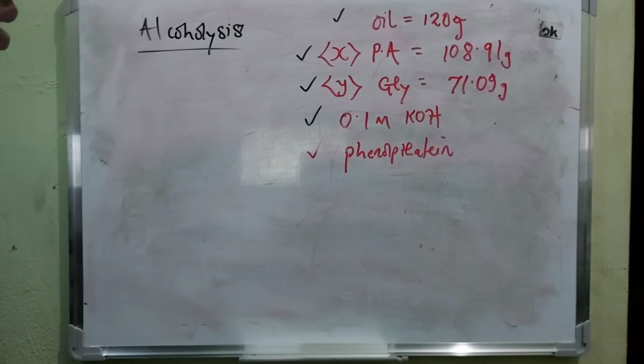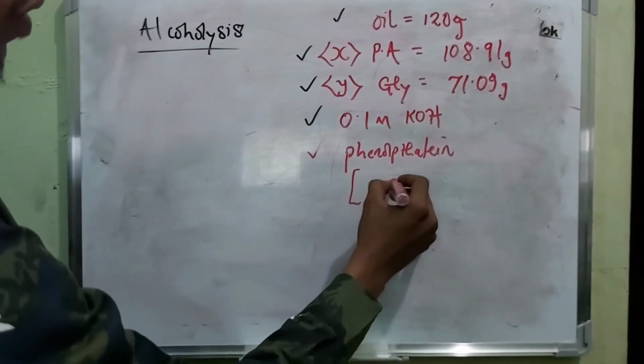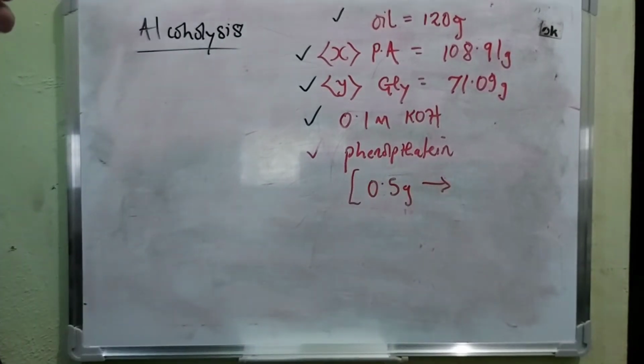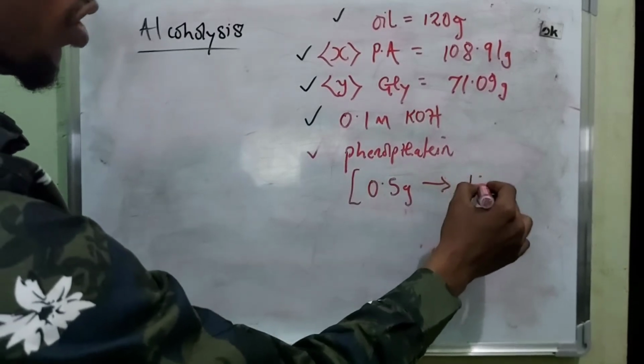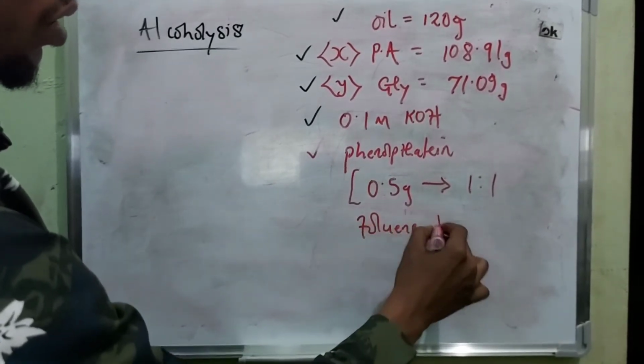The actual concentration you're going to be making: you're going to dissolve 0.5 gram of phenolphthalein indicator into a 1:1 ratio of toluene and ethanol.